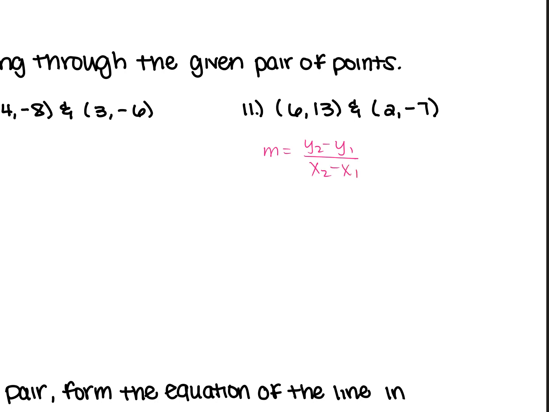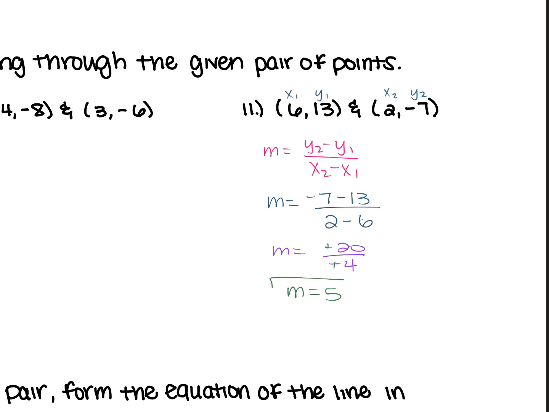I'm going to use the 6, 13 as my x1 and my y1, and my 2 and negative 7 as my x2 and my y2. So that means I'm going to have m is equal to negative 7 minus 13 over 2 minus 6. The negative 7 minus 13 gives us negative 20, and 2 minus 6 is negative 4. A negative divided by a negative is a positive. 4 goes into 20 5 times, so our slope is just 5.